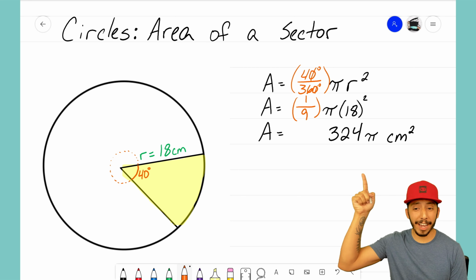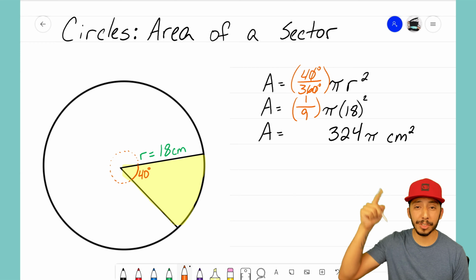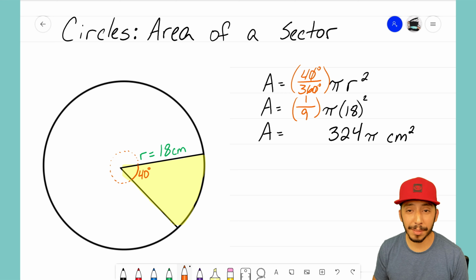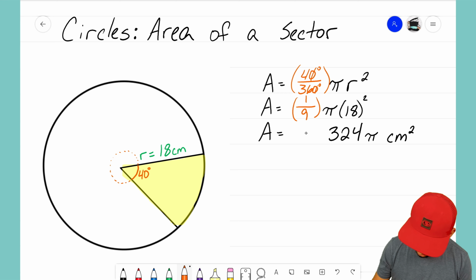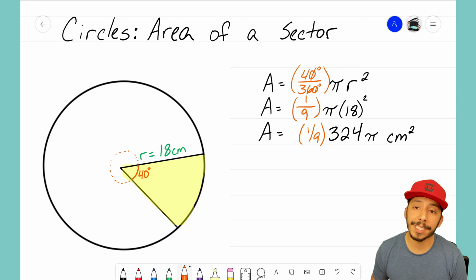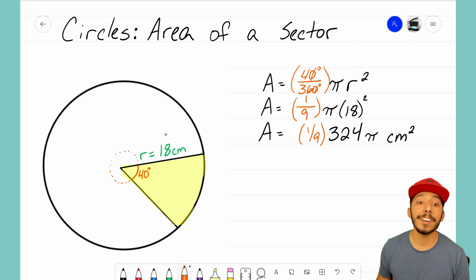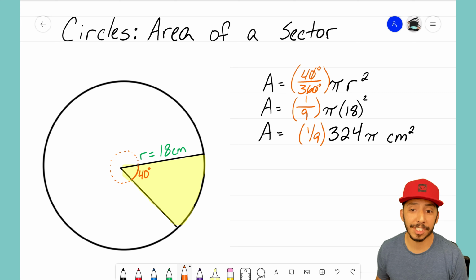So since I know that the area of this circle is 324 pi centimeters squared, I just have to take that number and multiply it by 1/9, which is really the same as dividing it by 9, since there are 9 of these sectors inside that shape.